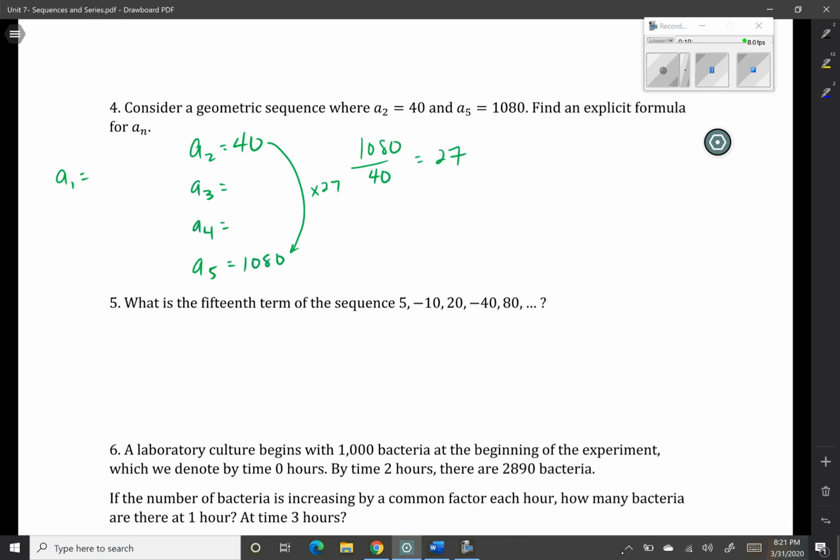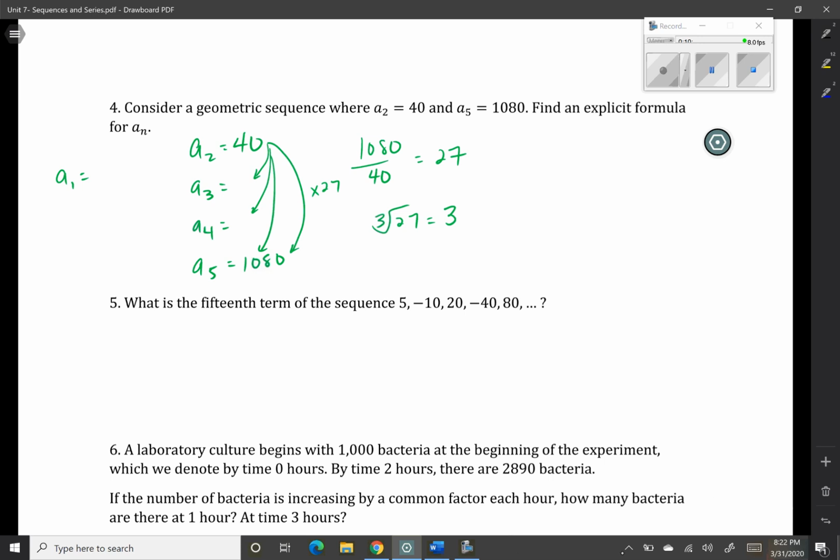Well, I want to figure out what number do I multiply 3 times to get there. So what number multiplies by itself 3 times to make 27? So essentially what I'm asking you to do is to take the cube root of 27. So I'm figuring out what number multiplies by itself 3 times to make 27, and that answer is 3.